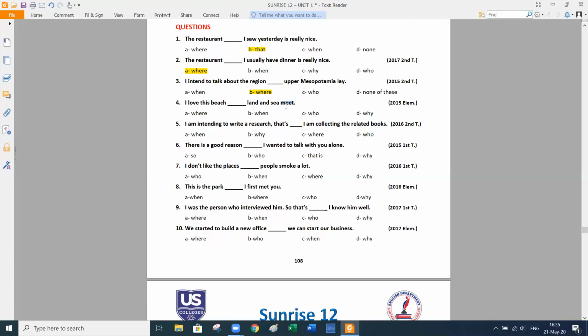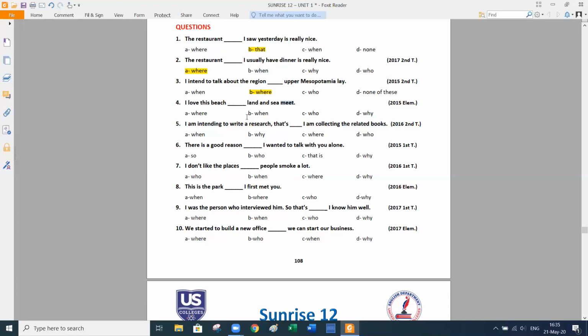Is it transitive, that means it needs an object, or intransitive, it means it doesn't need an object? So the verb meet can be both transitive and intransitive.